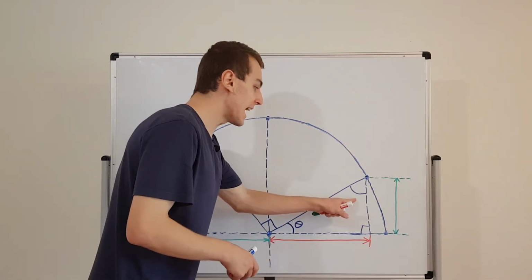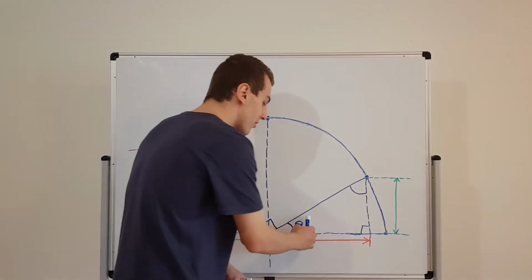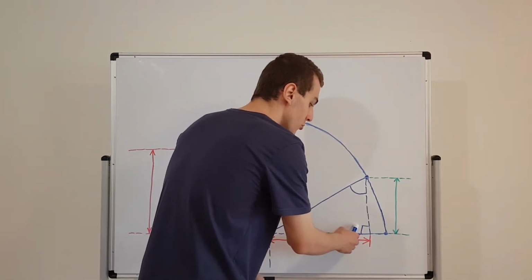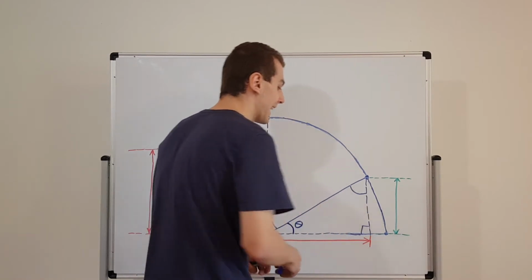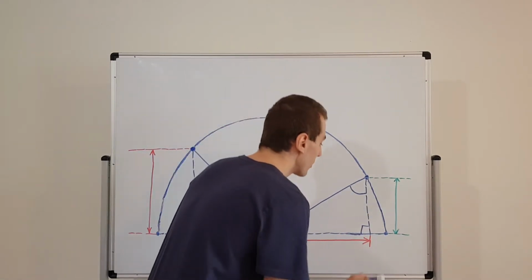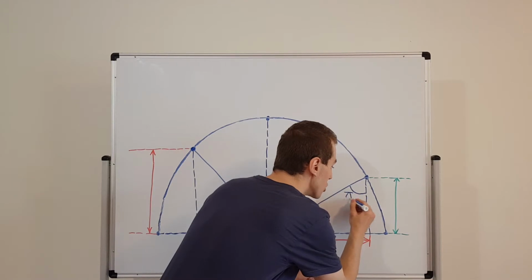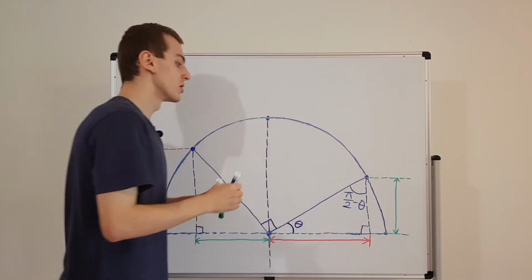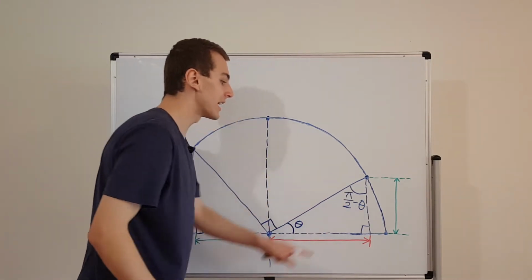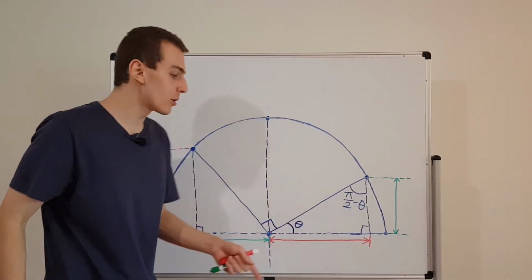So what does this angle have to be? If we add theta to pi on 2, what do we have to add to make this equal to 180 degrees? Well, it turns out what we have to add is pi on 2 minus theta. So this is actually pi on 2 minus theta. Let's see, does that actually work?